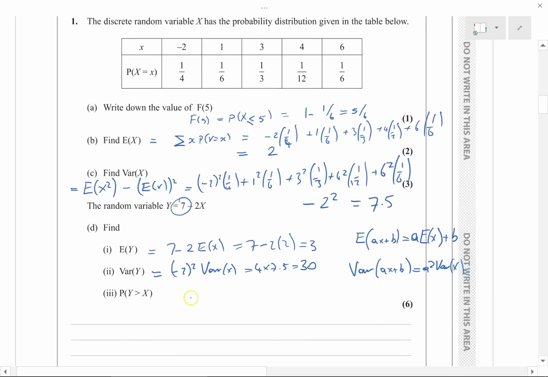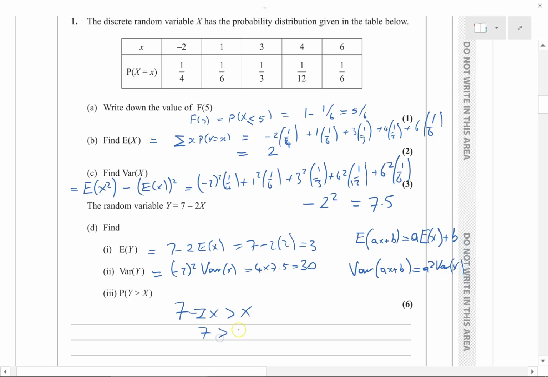Okay, then it says the probability that Y is greater than X. Right, okay, so what we really need to find is the values where Y comes to greater than X. So Y is greater than X when 7 minus 2X is greater than X, so we just need to solve that.